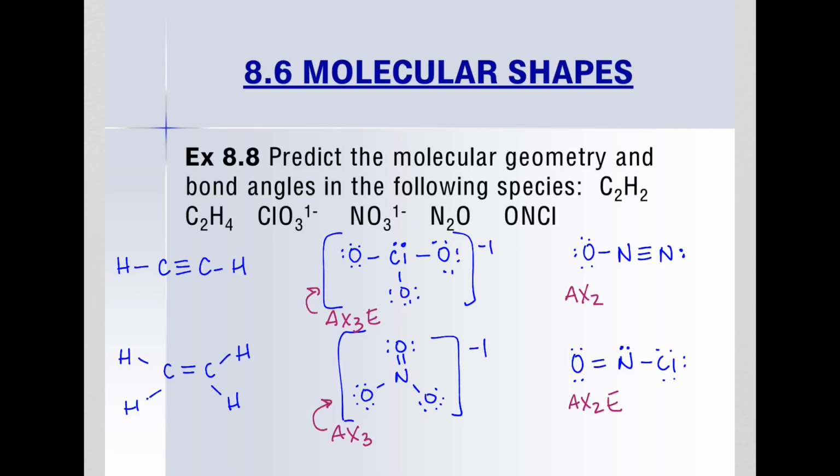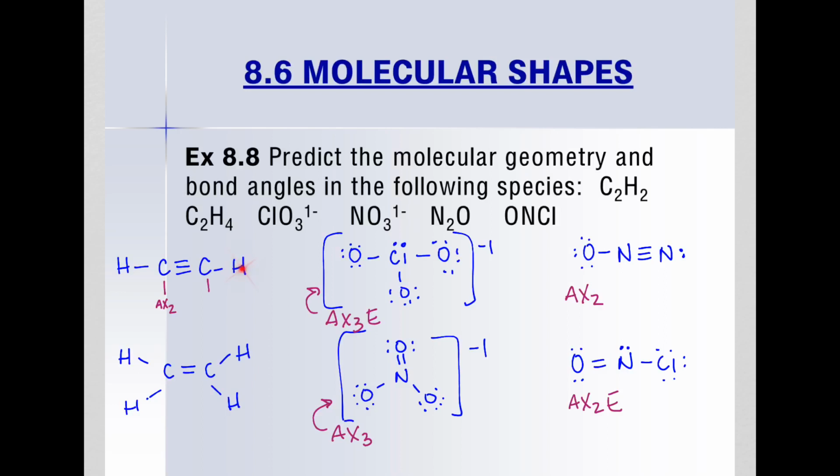Okay? Now, for our central atoms over here where we have multiples, we need to figure out this and this separate. So, I can't just cut this molecule in half. I need to look at each attachment. So this carbon right here has 1, 2 atoms attached to this directly, right? This carbon and this hydrogen are attached here. So if there are 2 attached atoms and no lone pairs, that makes this particular carbon AX2.